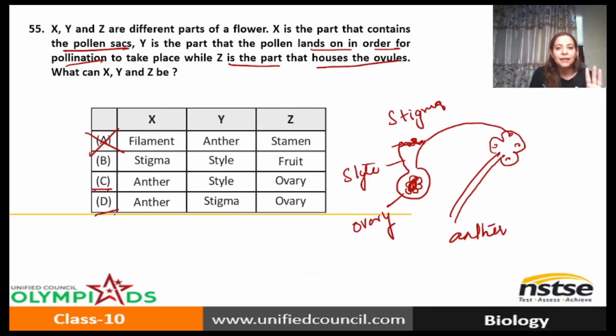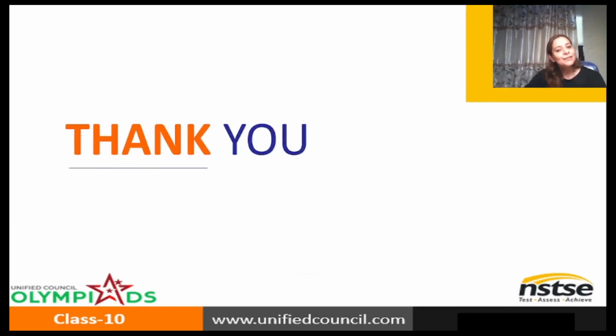So it can be between C and D. And Y is the part where pollen lands. We know that pollen lands on stigma, not on style. So obviously D is the right answer, because Z is identified as ovary in both C and D. So which one is right? Option D.